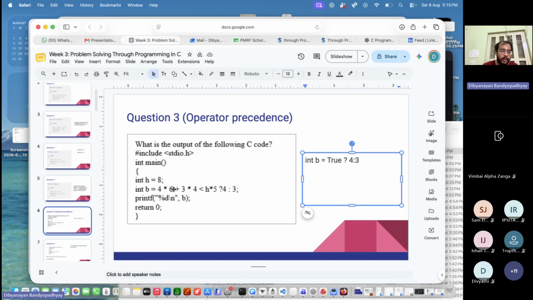Okay, no, no, no. How can it be 24, right? Because 4 into 6 is 24, plus you are evaluating 4 into 3. So the whole thing will be basically 24 plus 12, which is 36. And then you compare it with h into 5, which is 8 into 5 equal to 40.